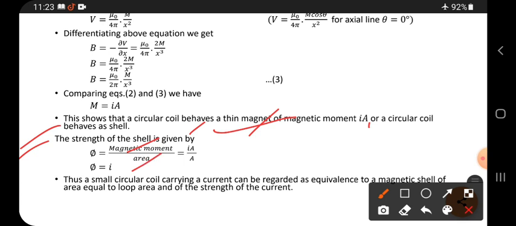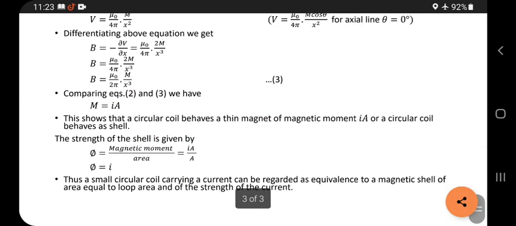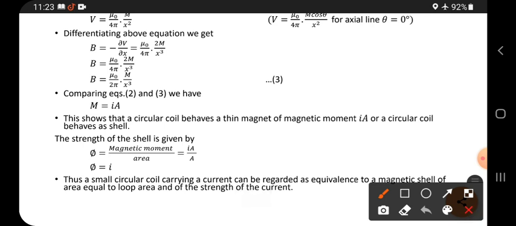Moment is IA, IA by A cancels, then I. Thus a small circular coil carrying a current can be regarded as equivalent to a magnetic shell of area equal to the loop area and of strength equal to the current. So phi is equals to I.